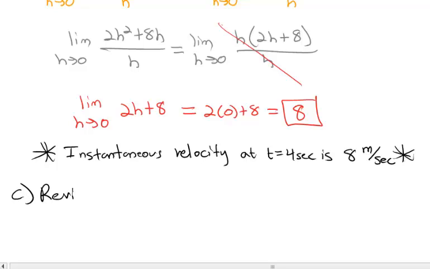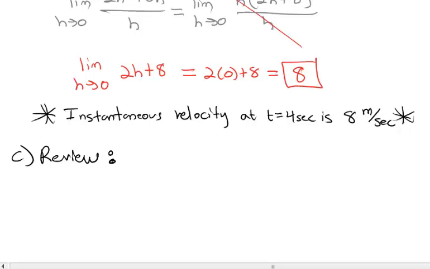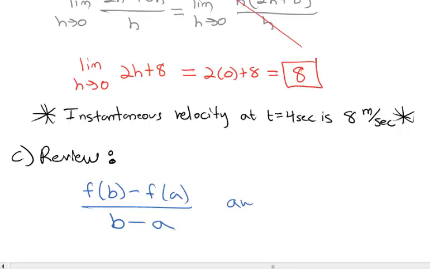So a quick review. There were two formulas we set up today. The first one was f of b minus f of a all over b minus a. Told us the average rate of change.